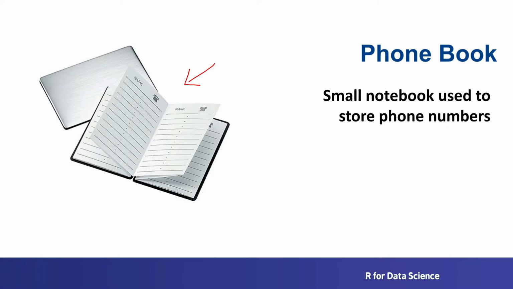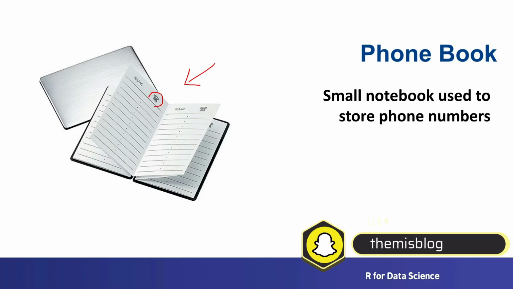We used to store phone numbers for people before mobiles. Before saving names and numbers on a phone, we used to carry this small notebook and write down the name of the person and a phone number. Usually it was a telephone, as you can see.